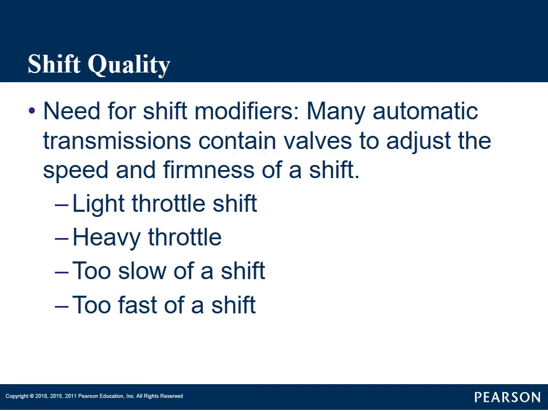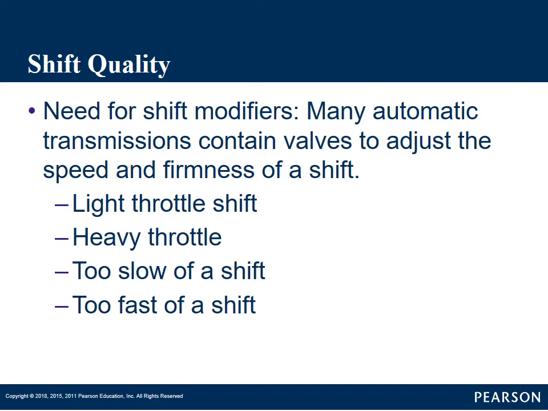Under heavy throttle, the engine is producing much more torque. So we need a shift, like I said, that will hold those bands tight. So we're going to get more pressure, so the shift's going to be firmer.